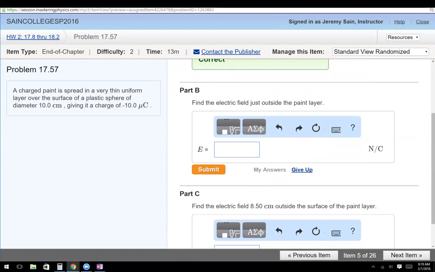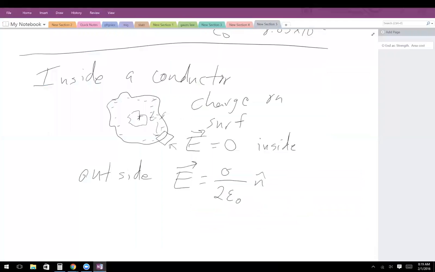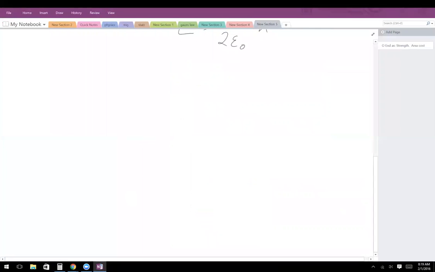Well, we can actually do this one of two ways. Let's use what we just learned though. The charge over the whole thing is minus 10 times 10 to the minus 6, right? That's the charge on the whole sphere.